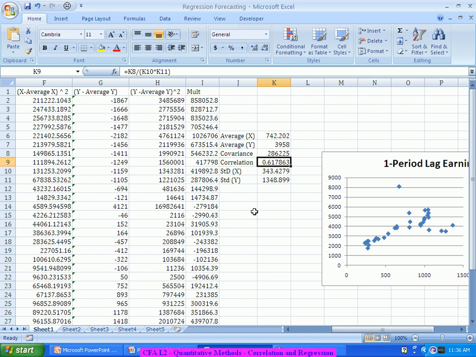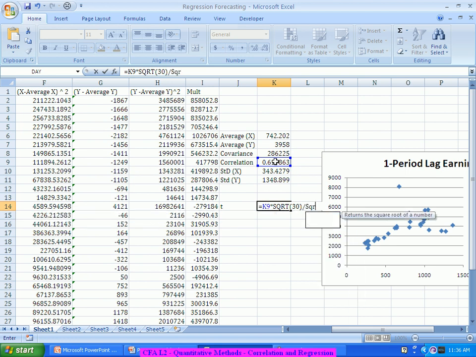Now putting in the values, my t-test is r, which is 0.61, times square root of n minus 2, where n is 32, so n minus 2 is 30, divided by square root of 1 minus r squared.